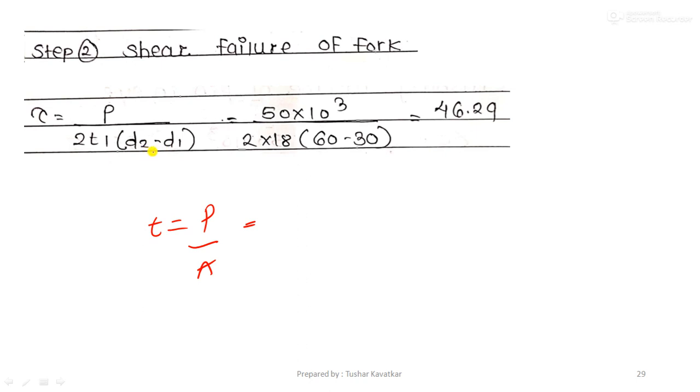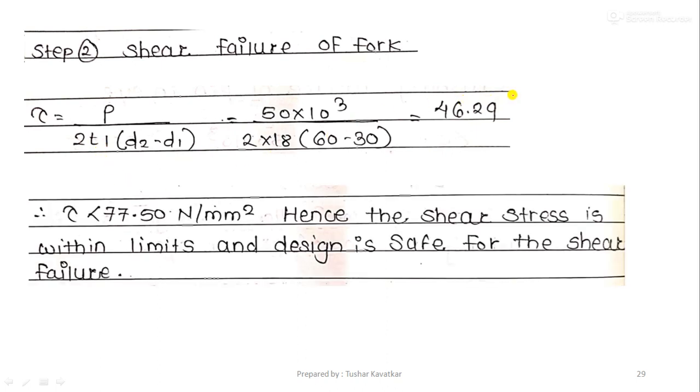Is it clear? So the same formula we will use here, and finally you are getting a formula. Just multiply by 2 here, and instead of T take T1, so you are getting tau is equal to 46.29, which is less than 77.50 Newton per mm square. So you can say that the shear stress is within the limit.